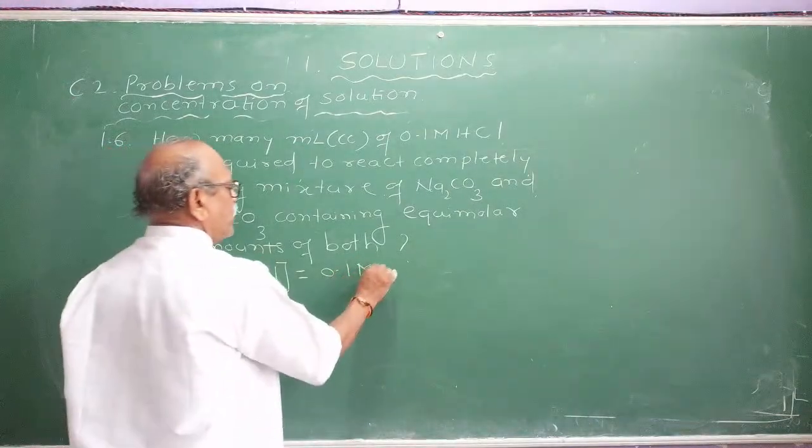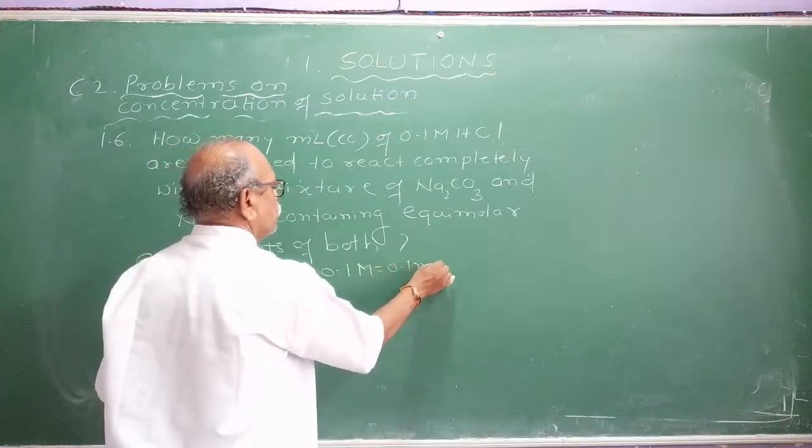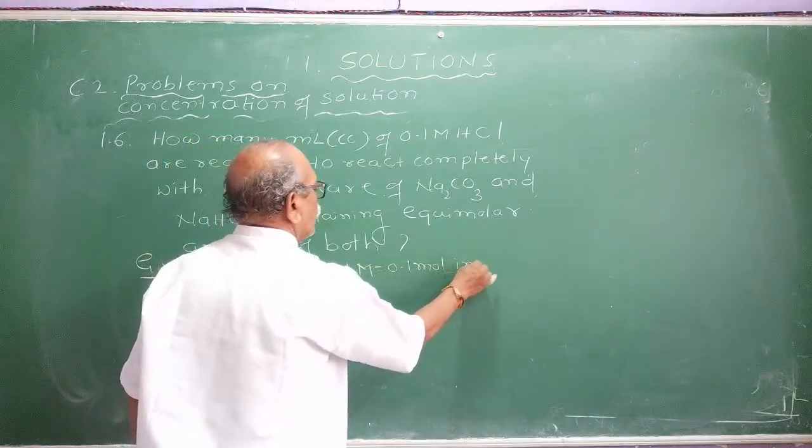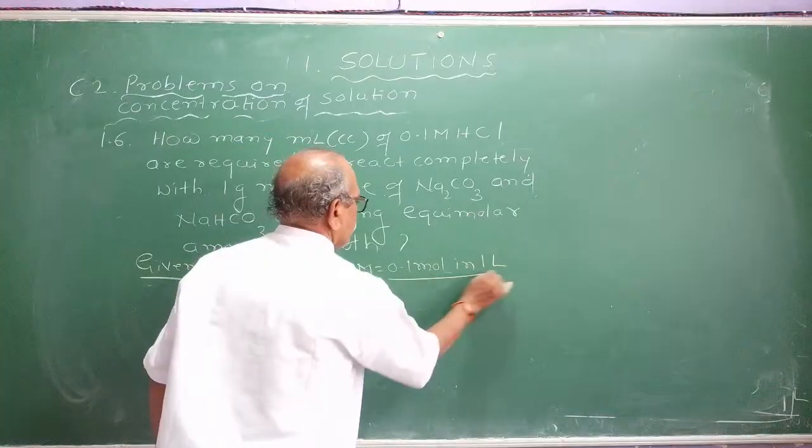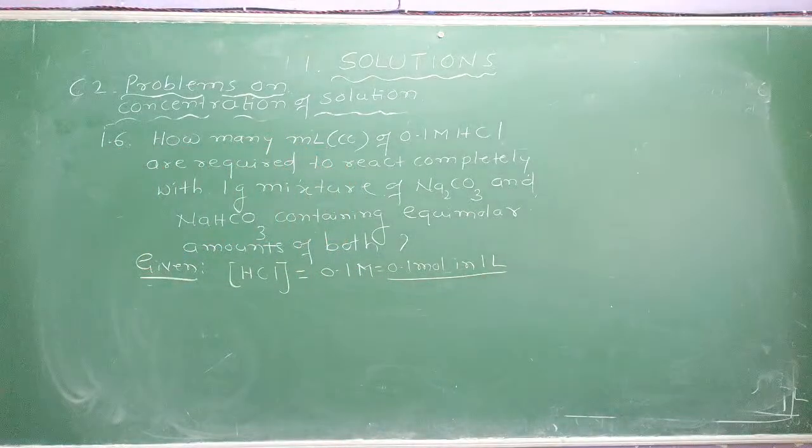It means 0.1 mole in 1 liter. That is the meaning of it. HCl required: how many cc? That is the question. We will think of it.